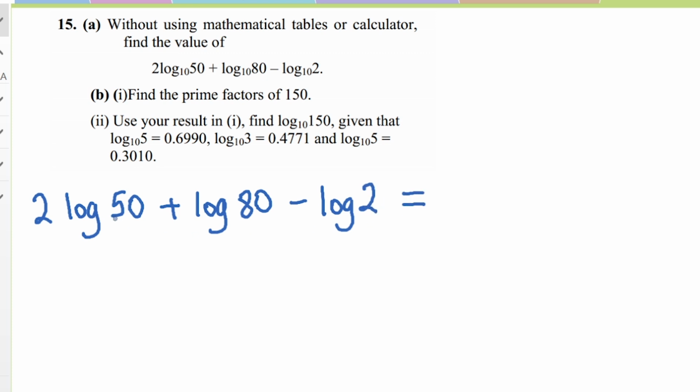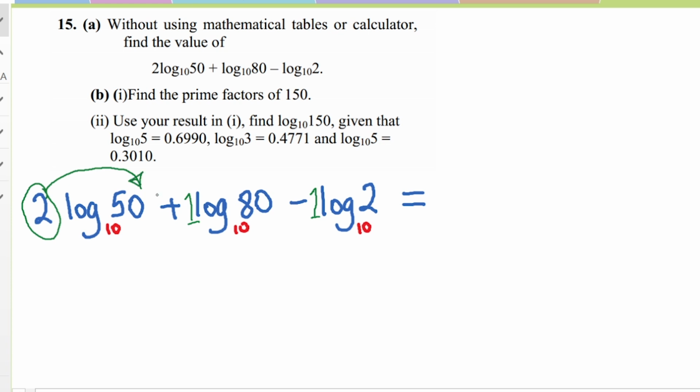That is going to be equal to, now these all have the same base, base 10. Remember, with base 10, even if I do not put that base 10 down, it still remains base 10. So we shall first make sure that they all have 1. Here there is 1, here there is 1, here there is a 2. I'm going to shift that 2 and bring it up here so that they are all uniform.